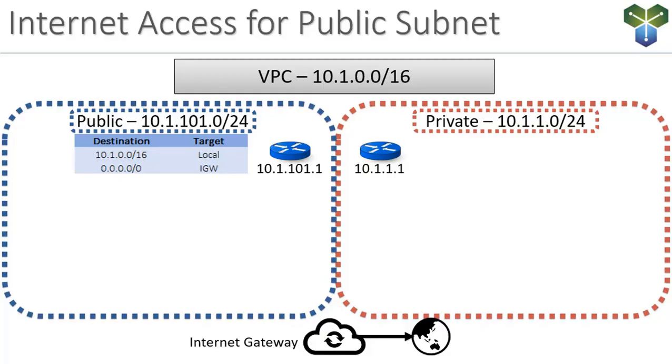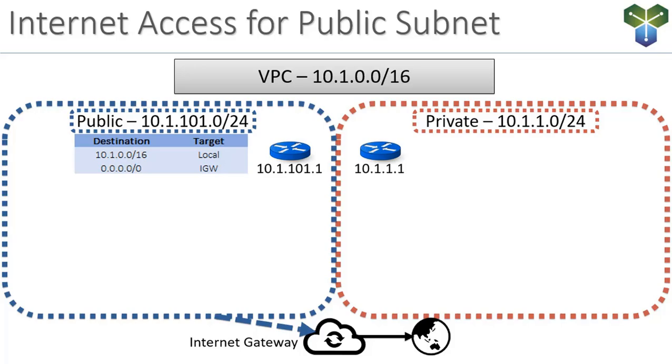So the first route entry is my local route, just directing traffic within the VPC. The second route is my default route, specifying that all traffic to any unknown destination should be sent to the internet gateway. And so I've established internet access for my public subnet at this point.